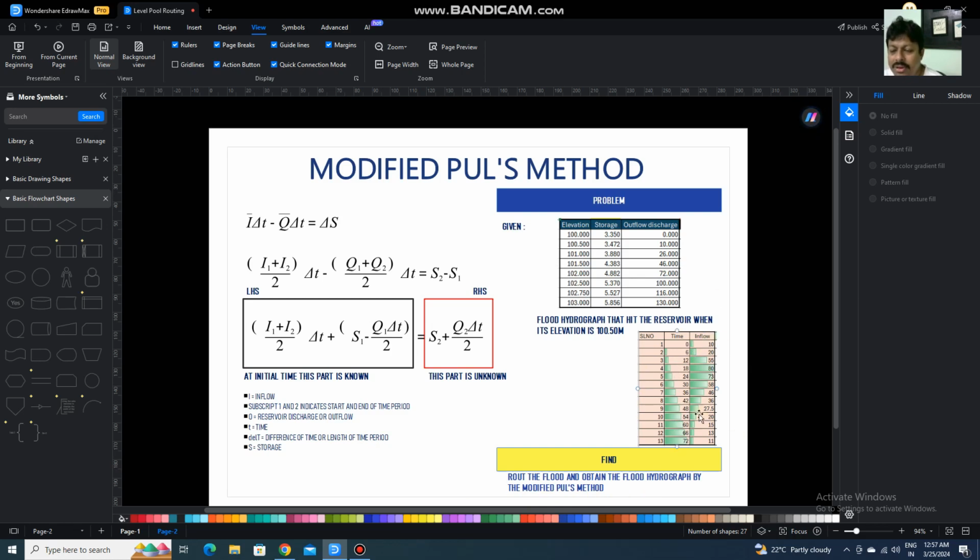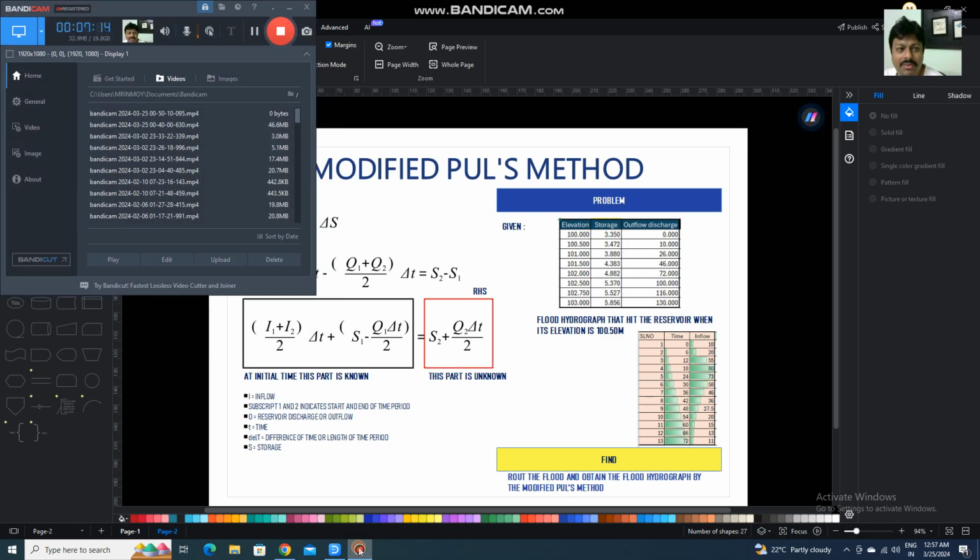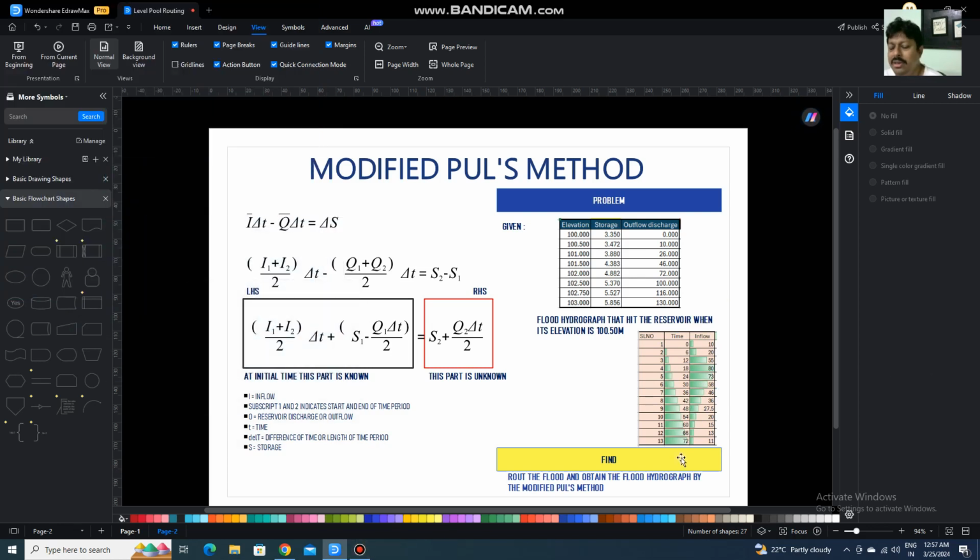From this inflow, you can create a hydrograph, because hydrograph is discharge versus time, and when discharge and time are given, you can easily draw the hydrograph. So that will be your input hydrograph. And the problem wants you to determine or approximate the output hydrograph by the modified pulse method.